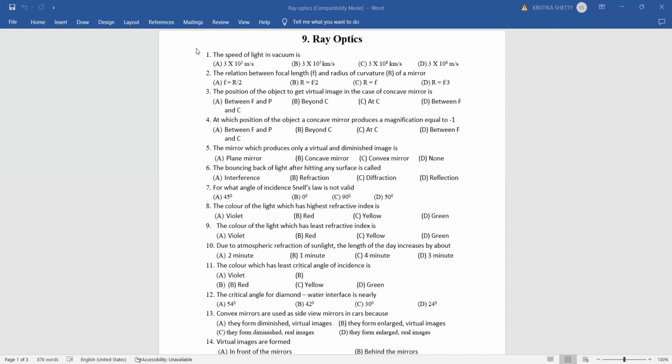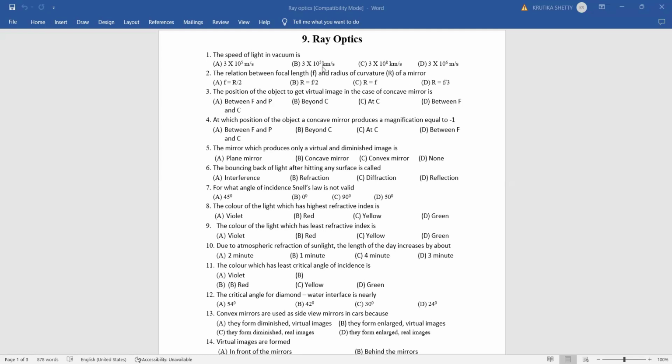The speed of light in vacuum is 3 into 10 to the 8 meter per second, or you can take it as 3 into 10 to the 5 kilometer per second. In meters per second it would be 3 into 10 to the 8, but it is not given as meter per second in 10 to the 8. So let us go with option B, that is 3 into 10 to the 5 kilometer per second. Option B is the correct answer.